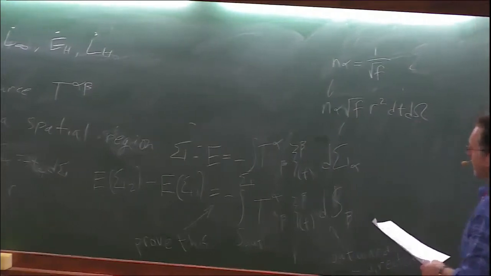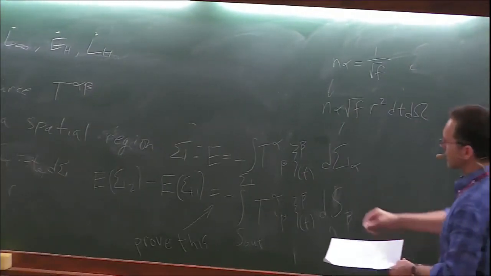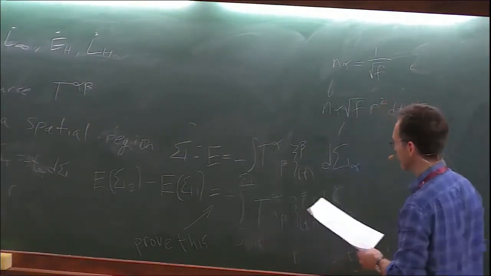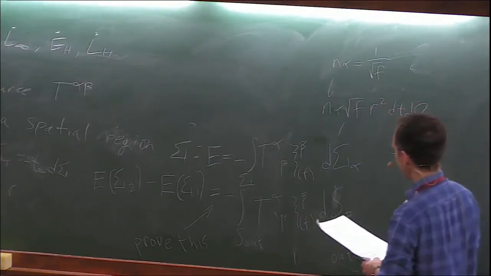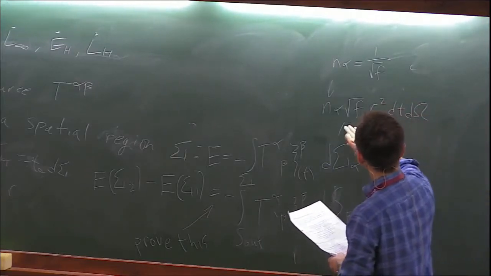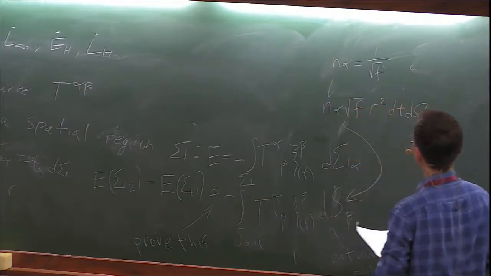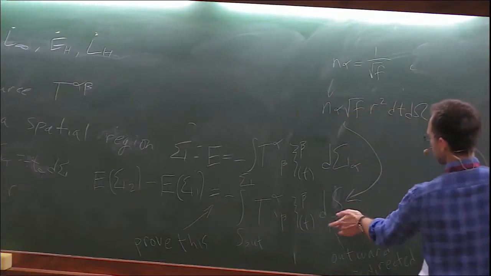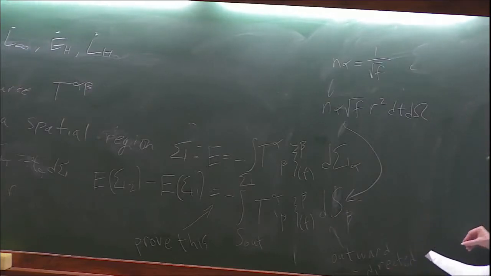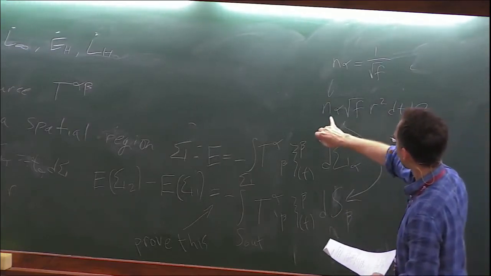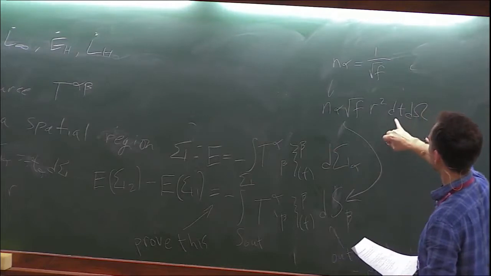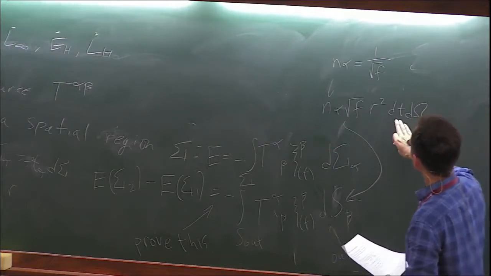So if you've taken an advanced GR class, you've probably actually already seen the proof of this. Okay, now I need to get that down there. So dS beta, the outward directed surface element, is n alpha square root of f r squared dt d omega.